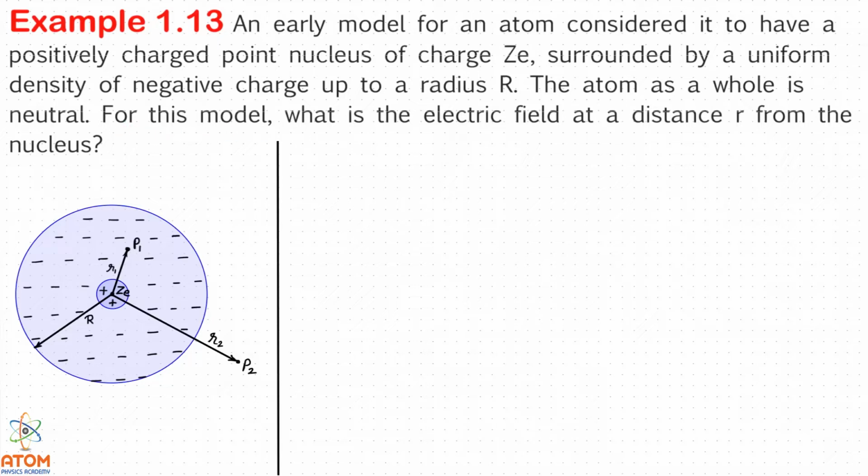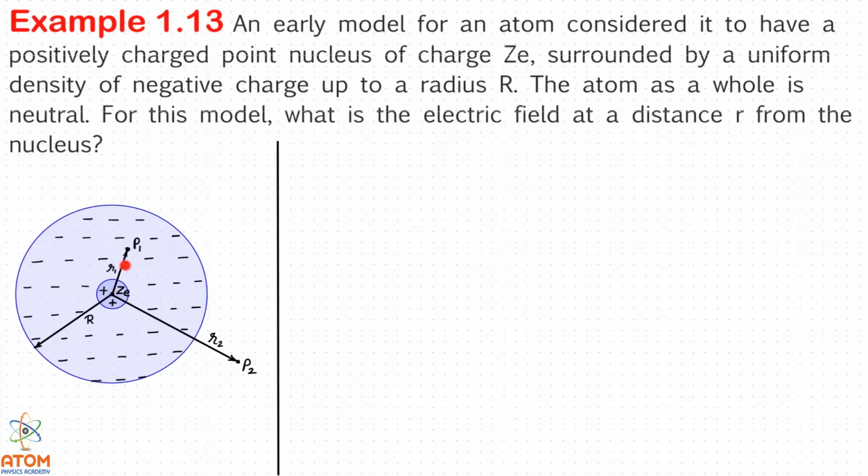For this model, what is the electric field at the distance small r from the nucleus? We need to find out what is the electric field at a distance r from this nucleus. Now here there can be basically two distances r.